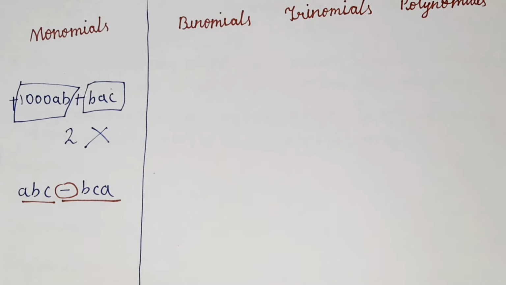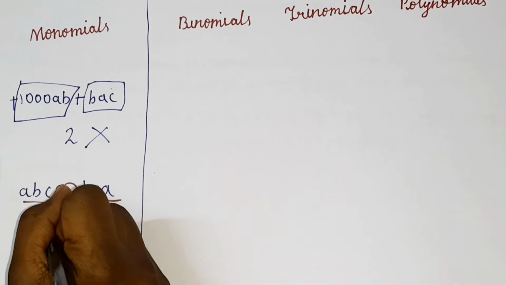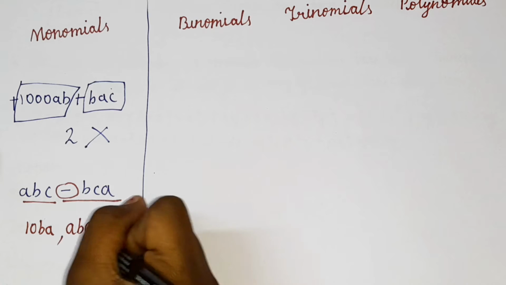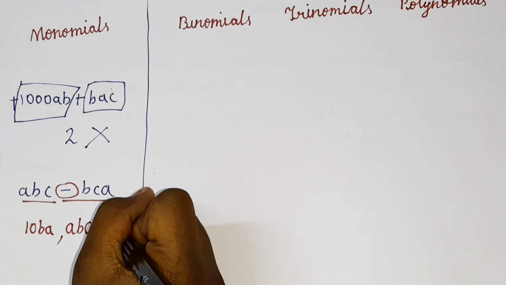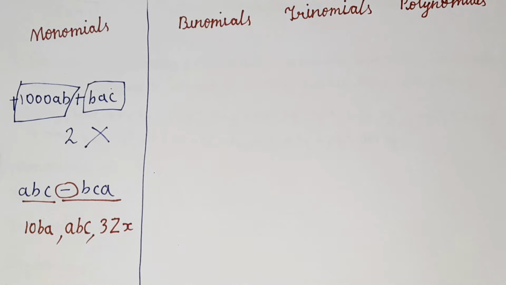So let me write examples of monomial. 10BA, comma, ABC, comma, 3ZX. These all are single terms because they are not split by any signs and each is single. Am I right? It's having a comma. Comma means it is separated. It is already separated.